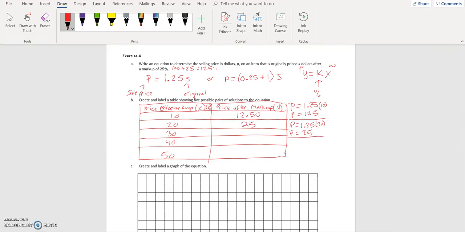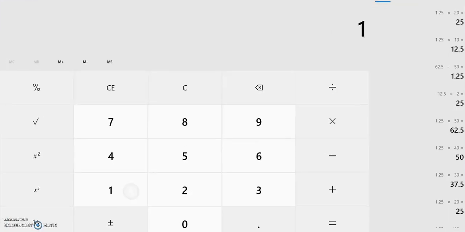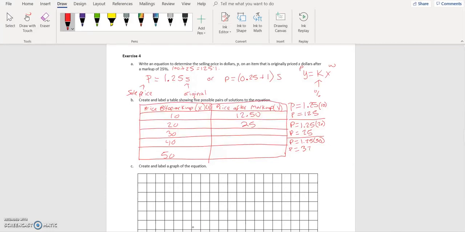Okay. P is equal to 1.25 times 30, 37.50. So $37.50.